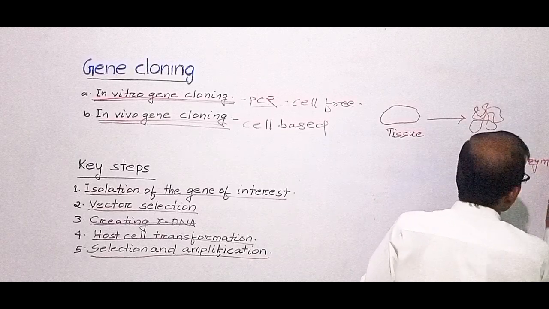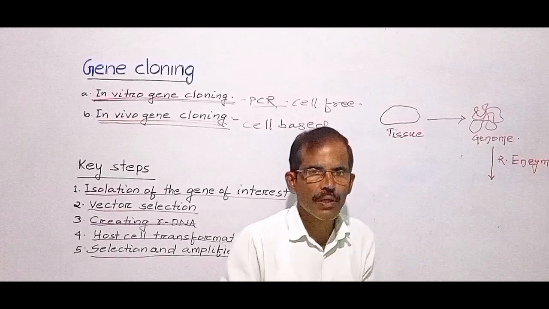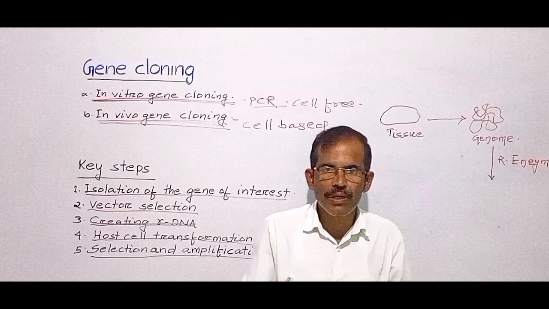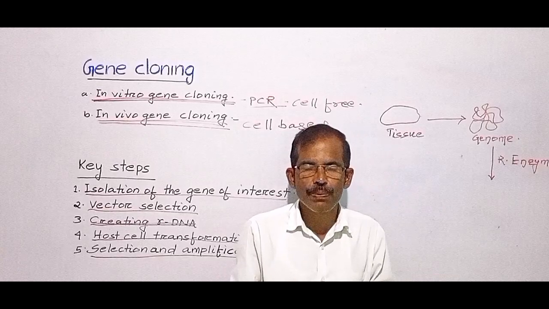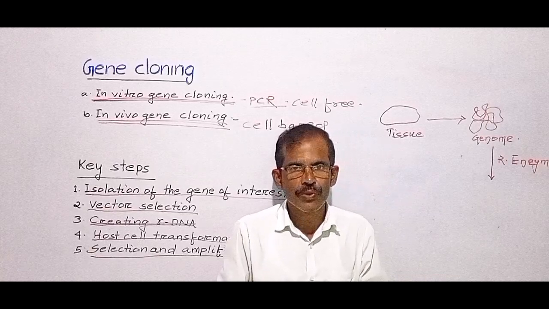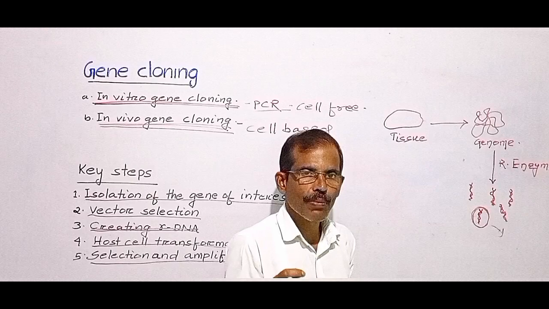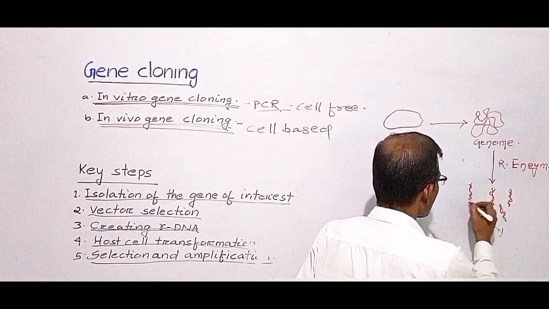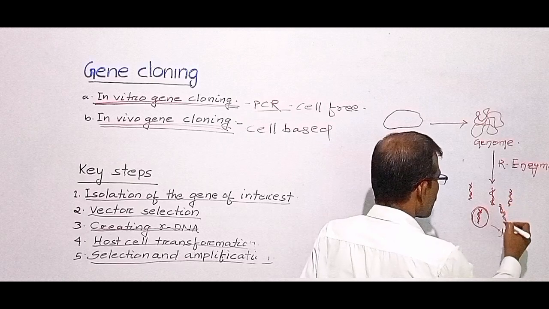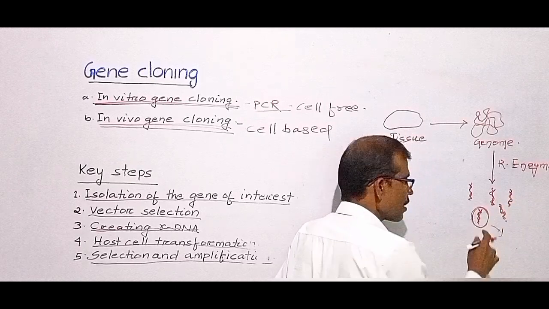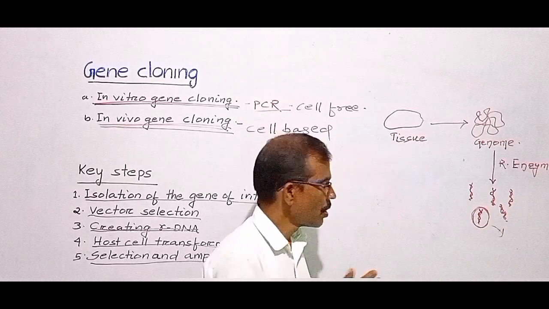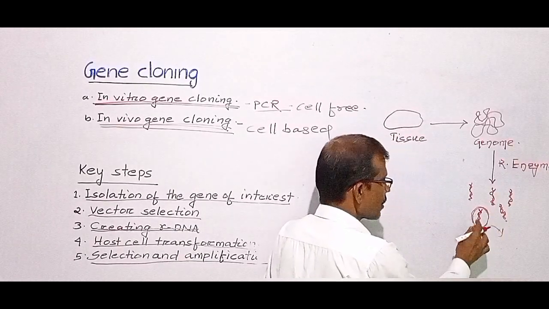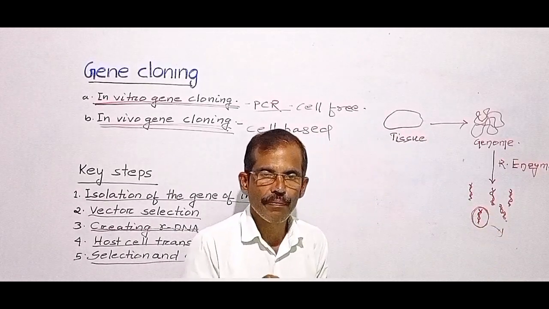Restriction enzymes are endonucleases. They are the molecular scissors that cleave DNA at specific recognition sites. So cleavage of the genome by restriction endonuclease results in the formation of a number of double-stranded DNA fragments from which we have to isolate the particular fragment that contains the target gene.